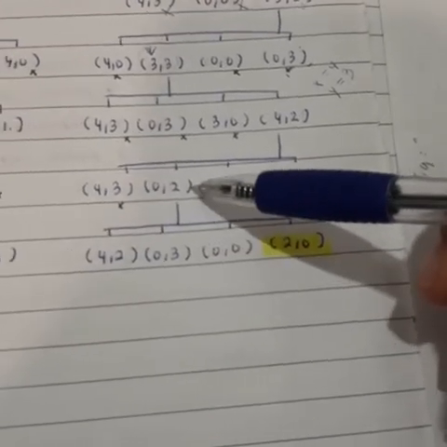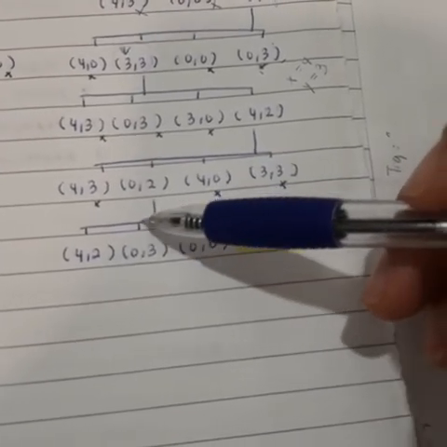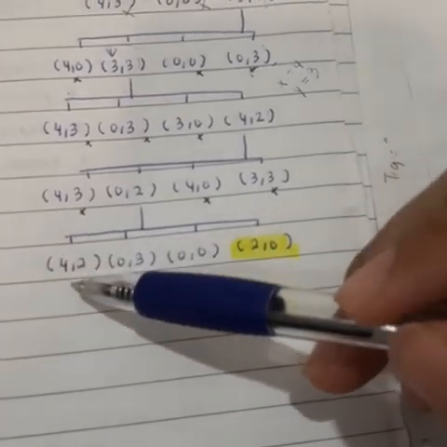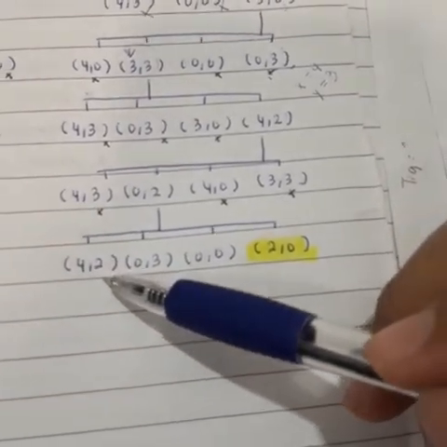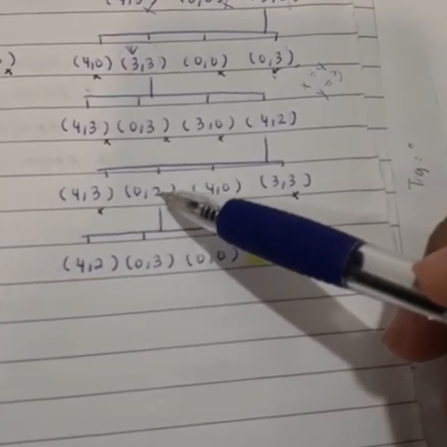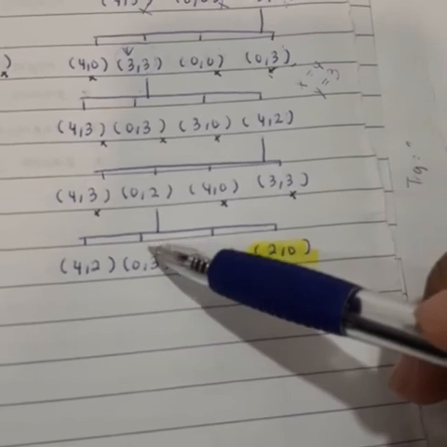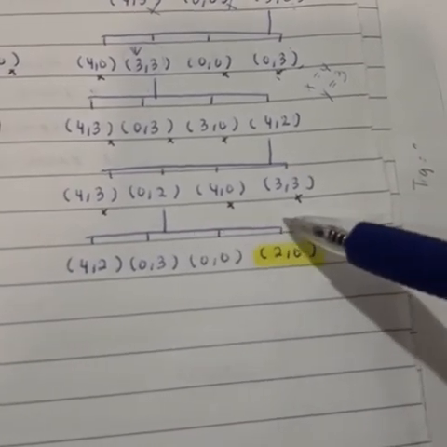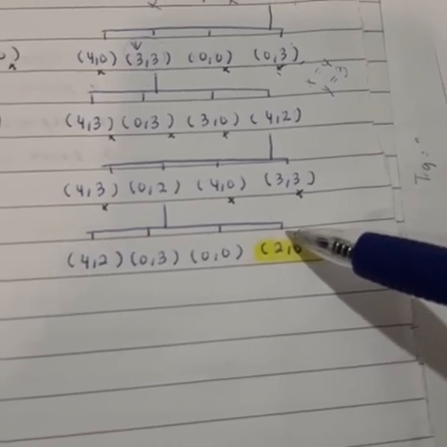Okay, 0, 2. As you can see in here, we need to fill the water jug first. We get 4, 2. And then after that, we need to empty in y part only. So we get 0, 0. And then after that, we need to transfer.